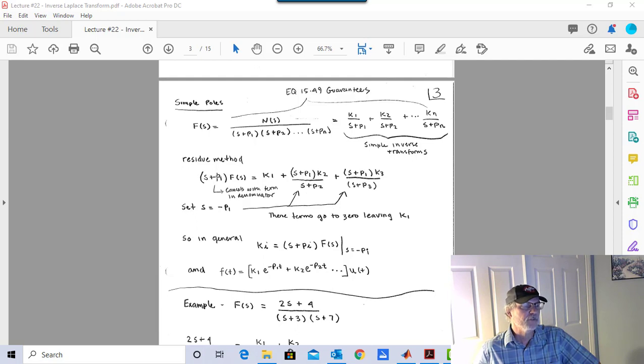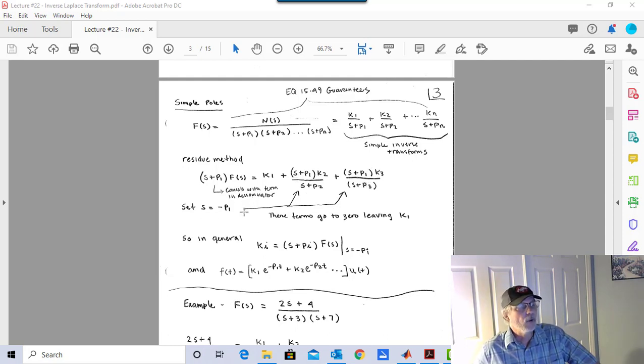Well, first of all, when I multiply f of s by S plus P1, it's going to cancel with the S plus P1 in the denominator, isn't it? And when I multiply the right side by S plus P1, I'm going to end up with K1, of course, all by itself over here, and then all these other ones multiplied by S plus P1.